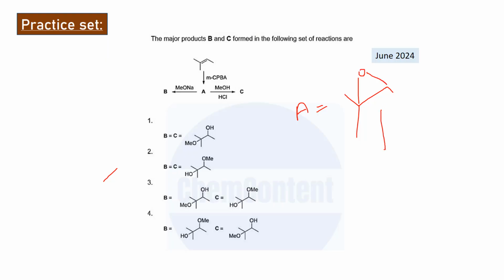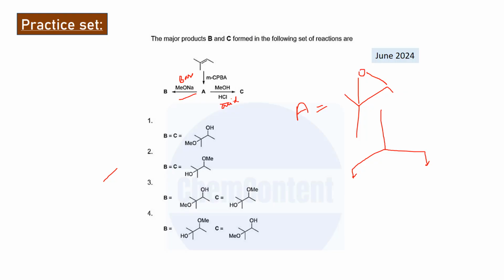Now there are two kinds of product: one is base catalyzed, another is acid catalyzed. This sodium methoxide is a base, whereas this HCl is an acid. So there is this ring opening, and because of that, the ring opening mechanism will be a bit different.